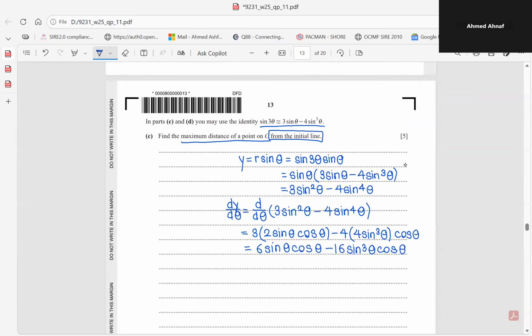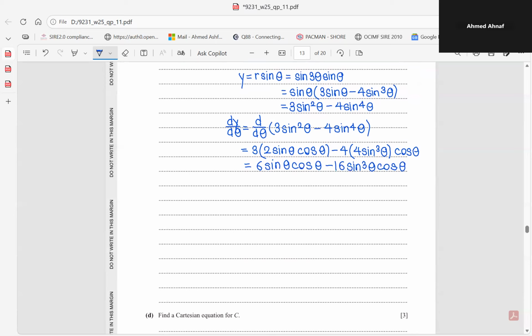Yeah, now just equate it to 0. So 6 sine theta cosine theta minus 16 sine cube theta cos theta equals to 0. So I can see that we have 2 as common factors, so sine theta and cosine theta.